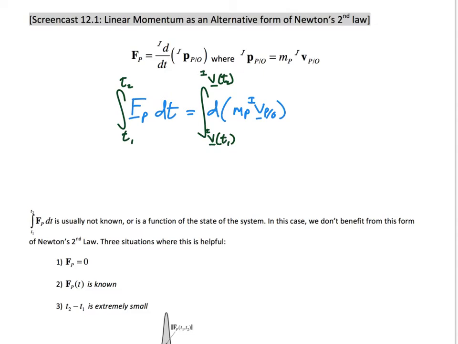And so now, leaving the left-hand side the same as our integral from t1 to t2 of our force on the particle p, and then integrating the right-hand side, we get the mass multiplied times the velocity of p with respect to o as observed in the inertial reference frame at time 2, and then subtracting the mass multiplied times the velocity at time 1.